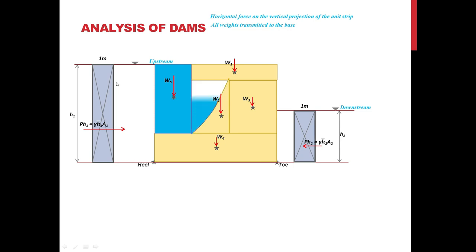Also, we have space here underneath the crest between the spandrel portion. We have the weight of water. And this parabolic shape will have its center of gravity with its corresponding weight, say W6.